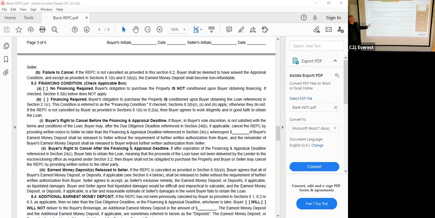So what they did is they simplified things. They basically just said, to avoid having this problem, if a buyer still cancels after the due diligence, we as the listing agent or the seller believe that they're canceling based on due diligence, but we know we can't prove it. And let me give you an example.